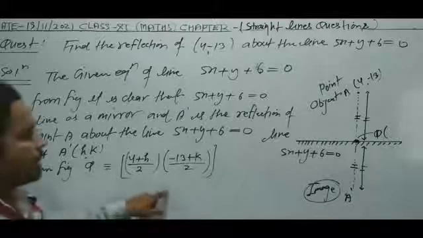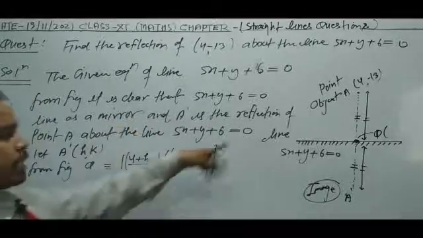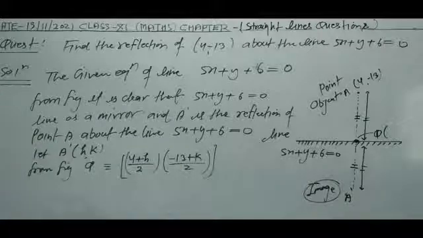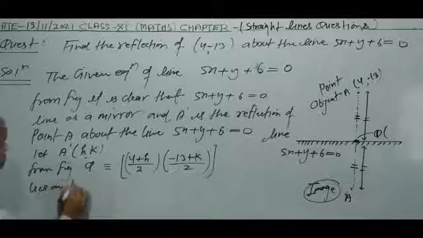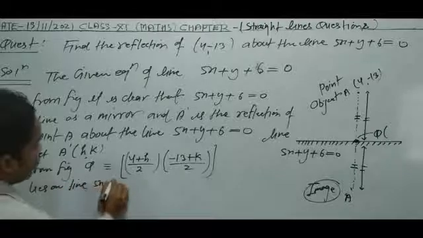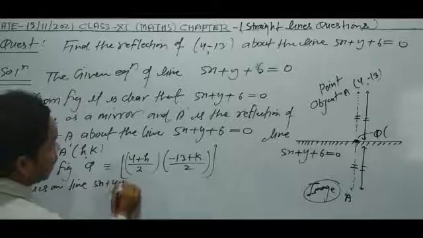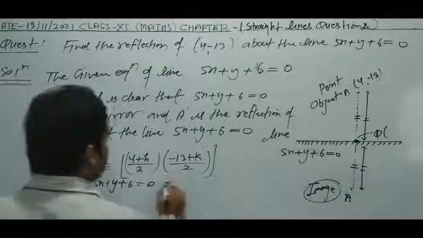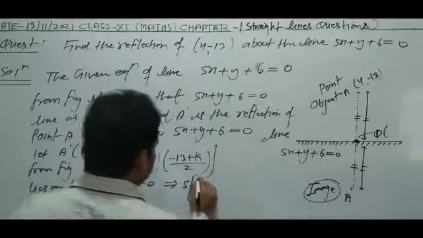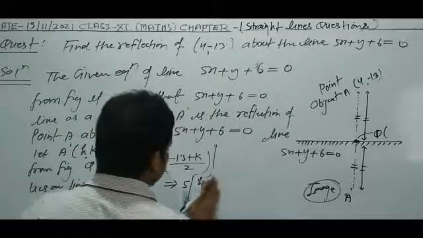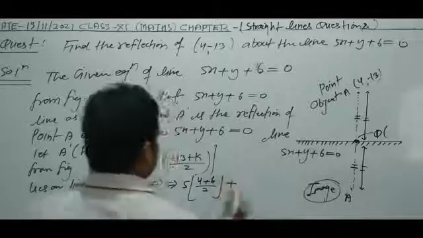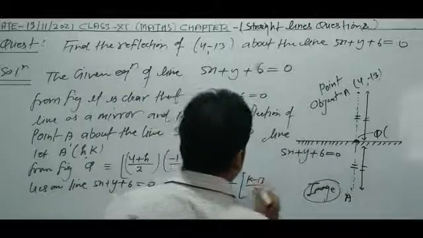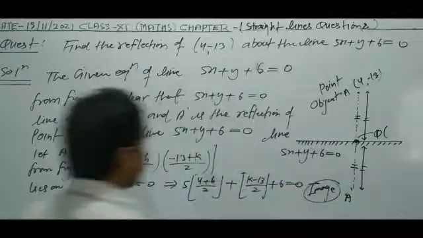Now this point lies on the line, so this point will satisfy the equation 5x plus y plus 6 is equal to 0. This implies 5 times (4 plus h) by 2 plus (k minus 13) by 2 plus 6 is equal to 0.